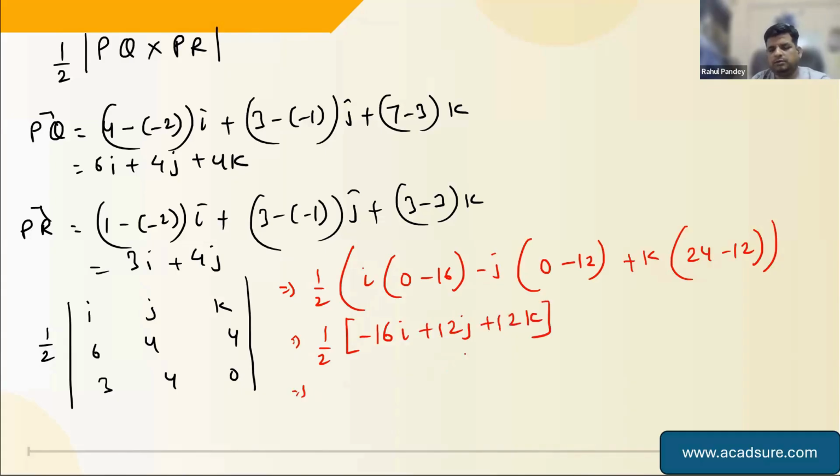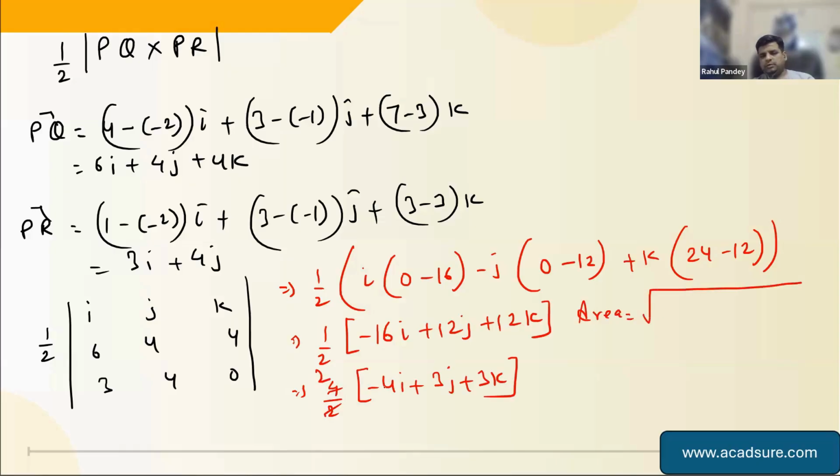Taking out 4 common, we will get 4 upon 2 times (-4i + 3j + 3k). So the area would be the root of, basically it is -8i + 6j + 6k.